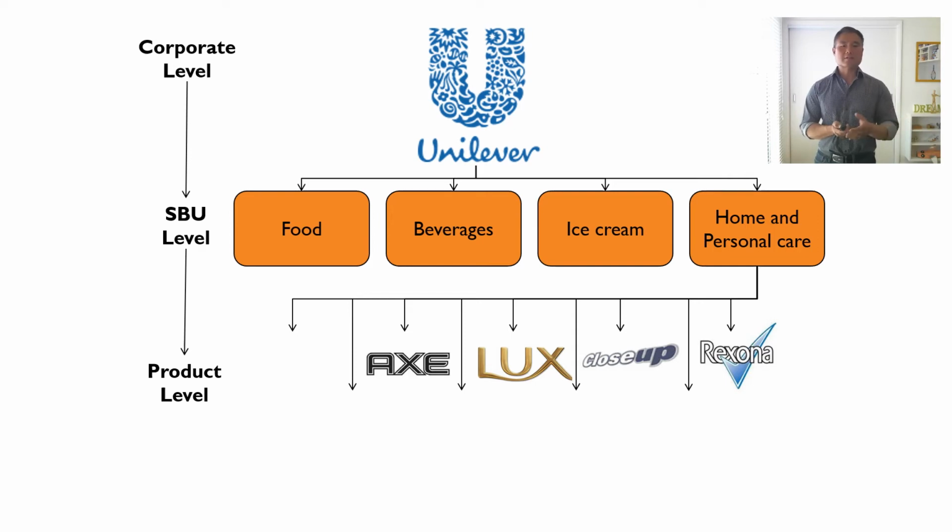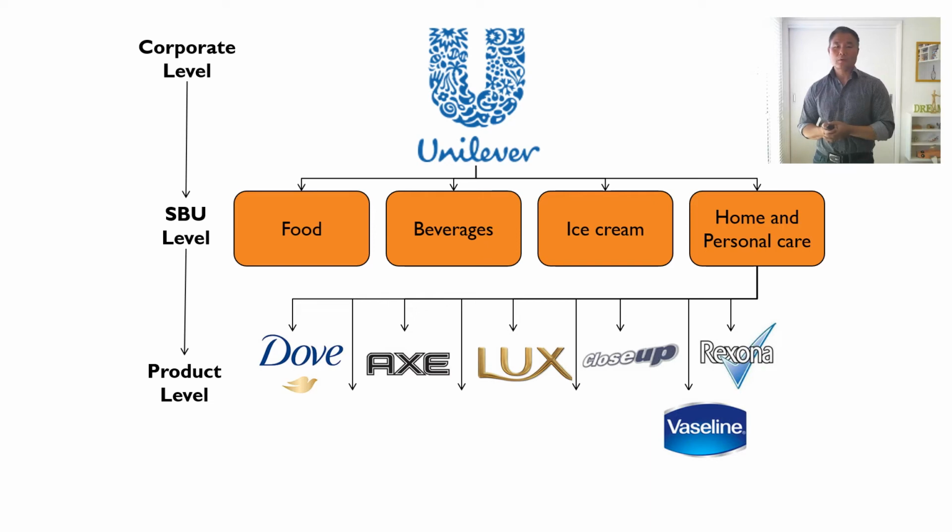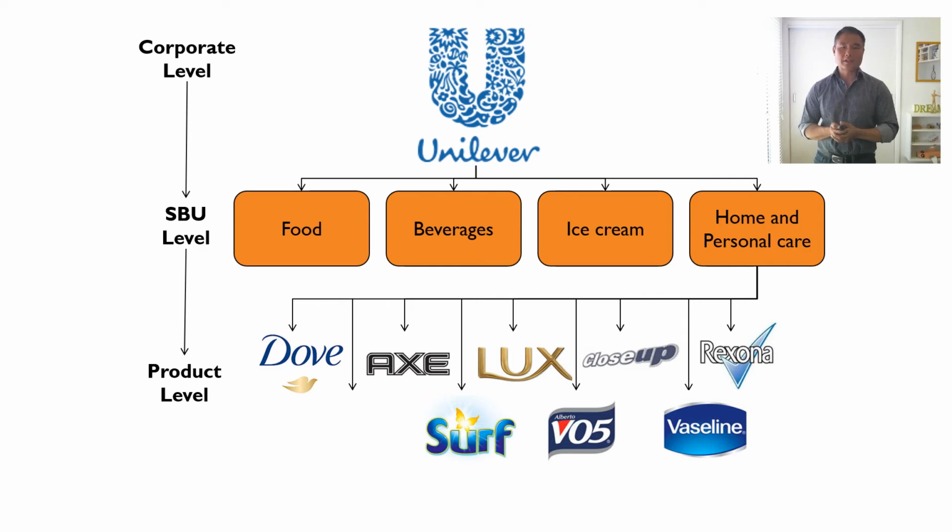Or Lux, or Axe, which is the international terminology they use for Lynx. Dove, which is one of their flagship brands. Vaseline, one of their very long-term brands. VO5, another hair care product. Surf, a laundry detergent. And Sunlight, right? So all these brands belong to Unilever.